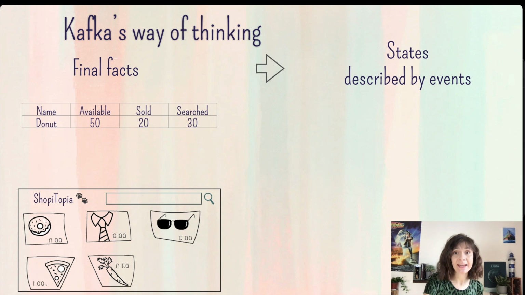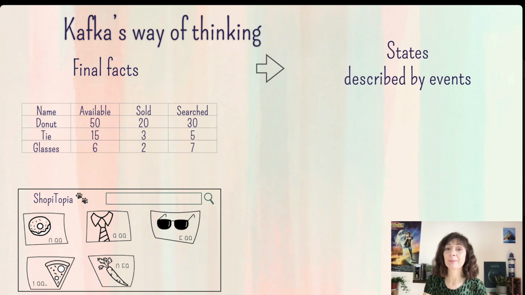Their availability and other characteristics can be presented in a table in a database as numbers. For example, we can say how many donuts are right now available in our shop, how many glasses we sold, and so on. And this gives us some valuable final compressed results.